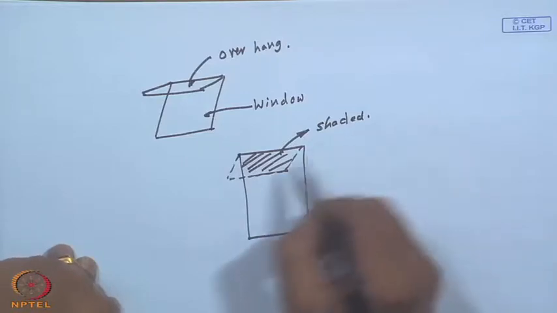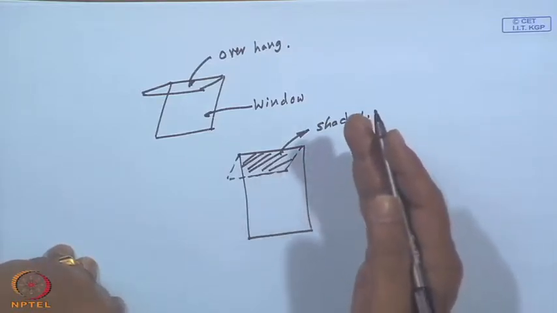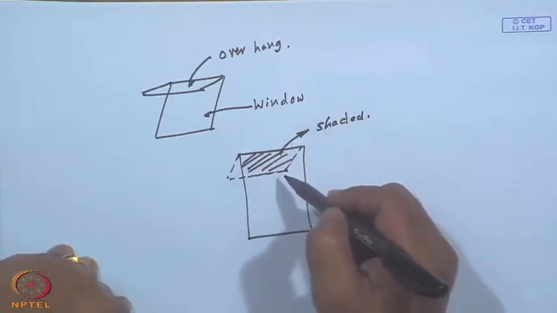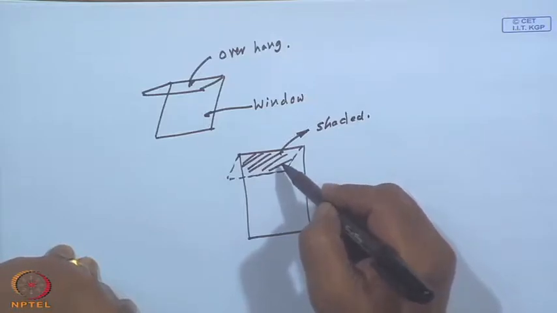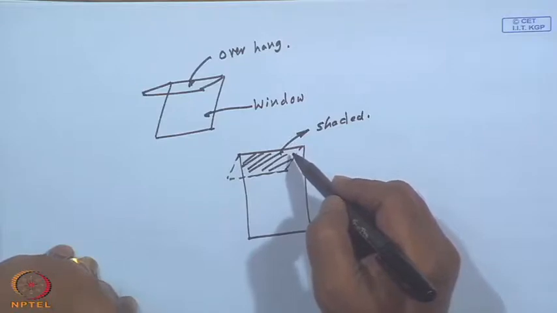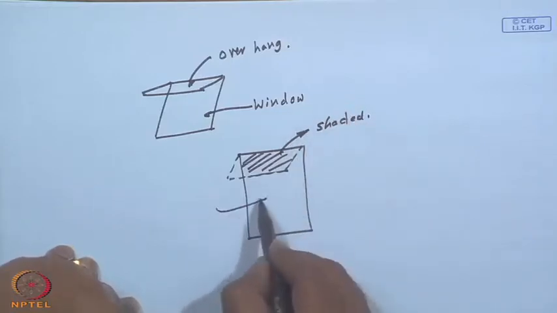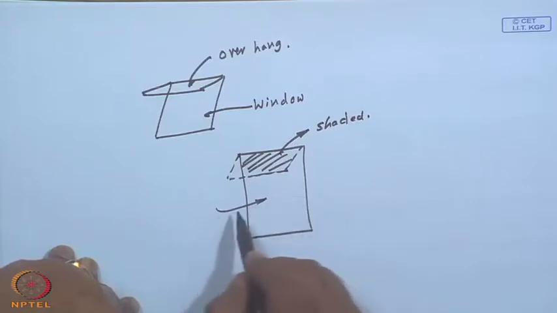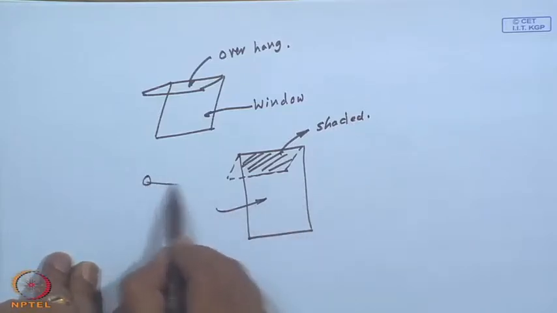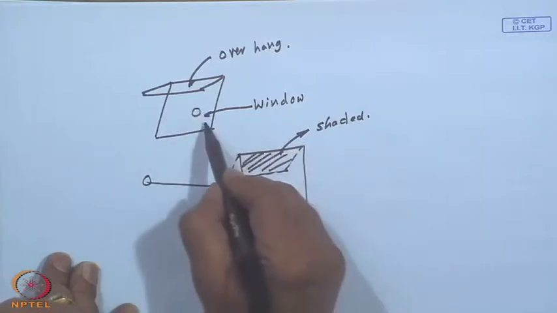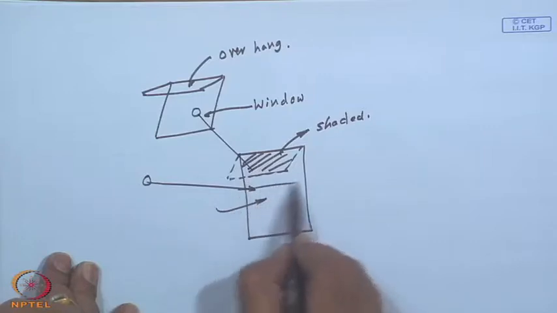Commonly we may have an idea that this is to prevent rain entering through the window. That could be true, but it has a very functional purpose. In winter, the sun is pretty low in the northern hemisphere, so it will allow the sun's rays, which are at a pretty low level, through the window, and in summer the sun is pretty high up and it will cast a big shadow over here.